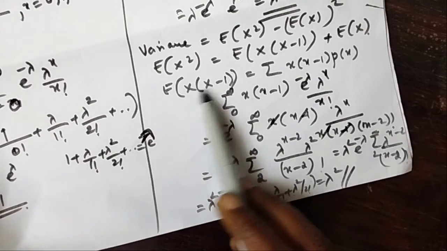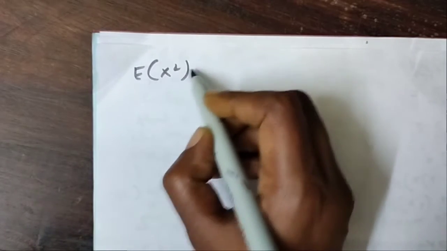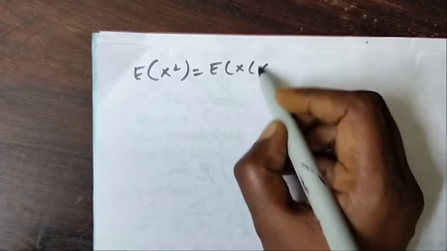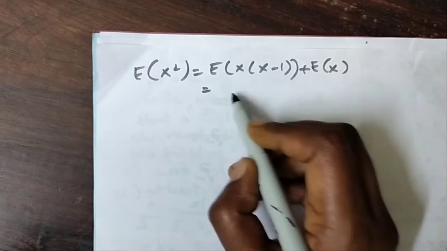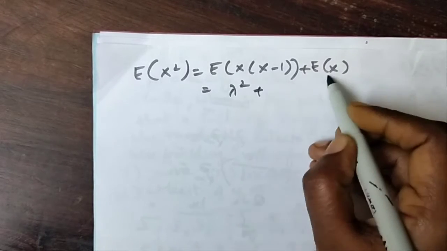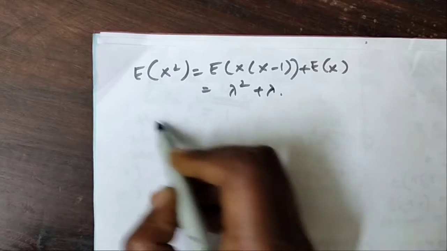So expectation of x into (x minus 1) is lambda square. So expectation of x square is E of x into (x minus 1) plus E of x. This is lambda square, and E of x is lambda, which we have already proved.